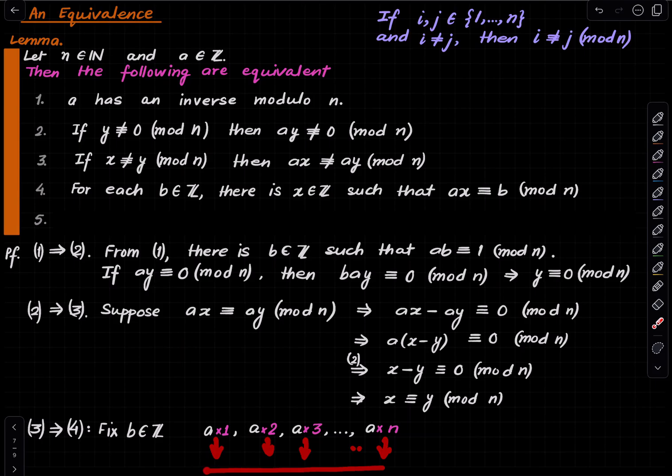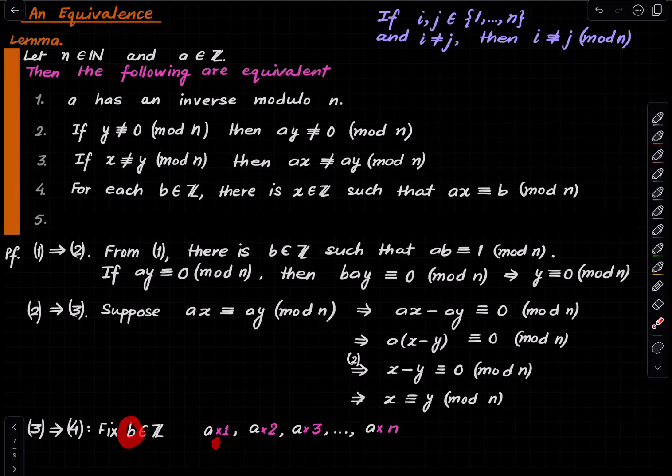But how many different remainders are there modulo n? N. So this set is witnessing all the possible remainders that n has. In particular, it will witness whatever remainder you like. So if b leaves some remainder, just find out what the remainder of b is modulo n.